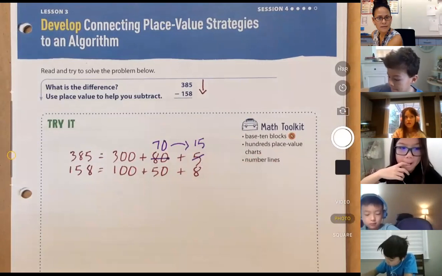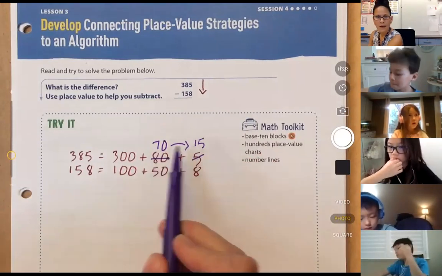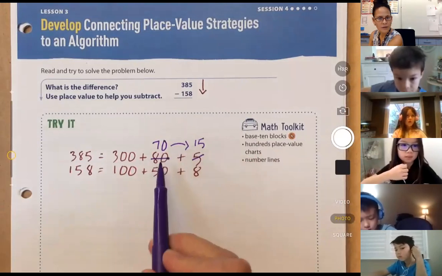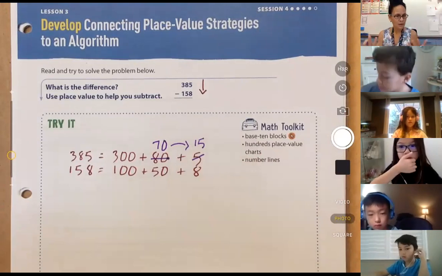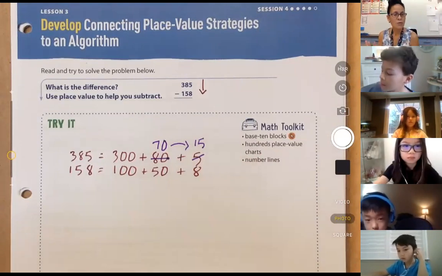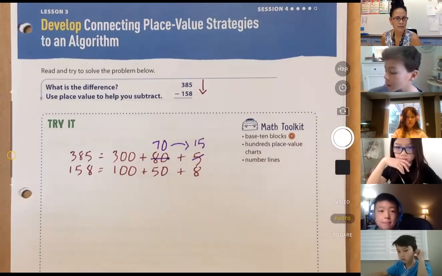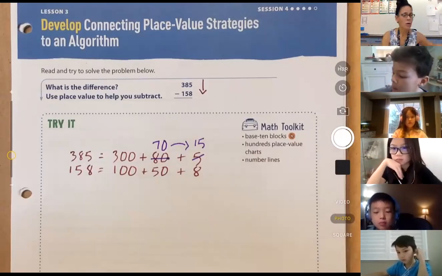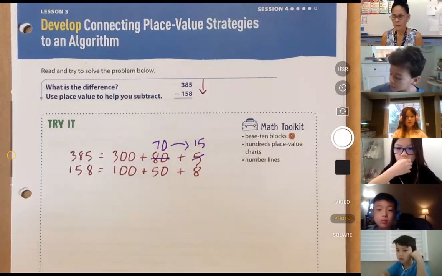Again, notice what I'm doing here. I'm not changing the value of the 80, for example. I'm just regrouping, or redistributing it, so that I can make this subtraction possible, with the ultimate goal in our expansion and regrouping.